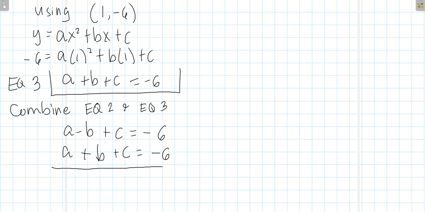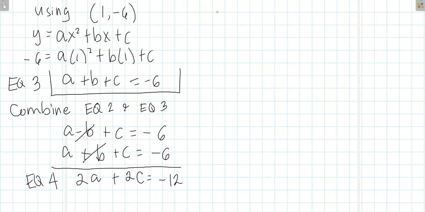In order to remove b, 1 plus 1 is equal to 2a + 2c = -12. So this is now your equation 4. Okay? Again, you're going to combine equation 1 and equation 2.